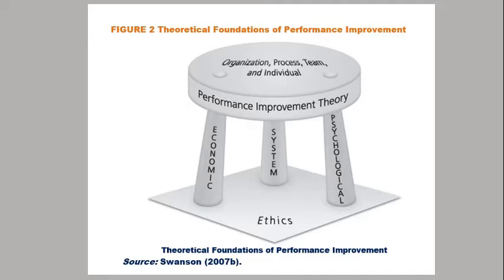Then you bring in the issue of ethics, and of course you look at the organizational processes as presented in the diagram here in this stool. This is a three-legged stool, but when you add ethics, of course it becomes a four-legged stool, ladies and gentlemen. And this is very important because you are able to describe organizations, processes, teams, and individuals in that particular organization, ladies and gentlemen.